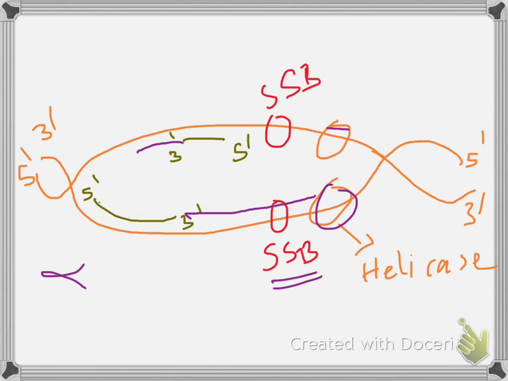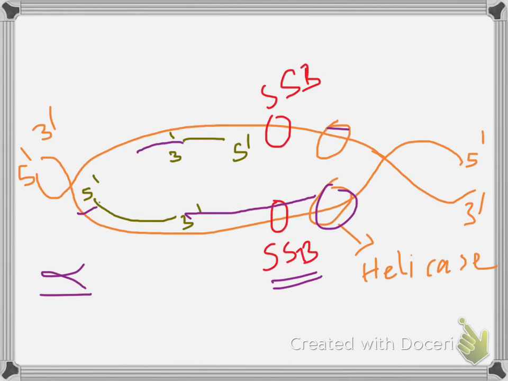DNA polymerase alpha forms the primer, which is a short RNA or DNA segment, and this primer is added by DNA polymerase alpha in both strands, but the direction is opposite. This strand is in the 5' to 3' direction, but this is in this direction. The synthesis is in this direction.